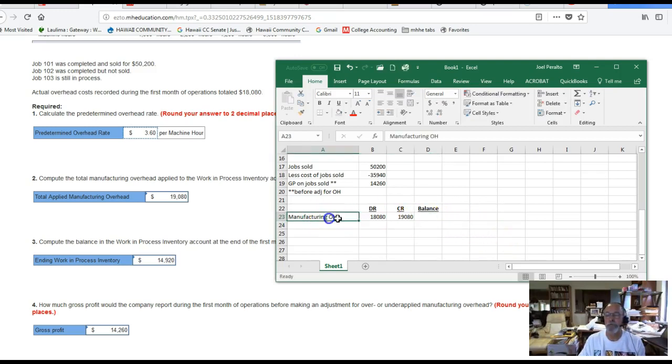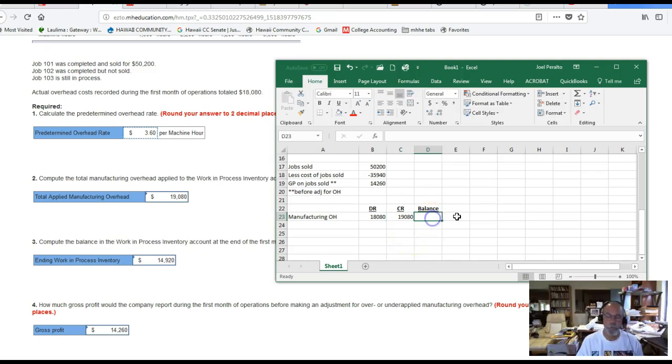And so manufacturing overhead is an income statement account. It is a cost account. Cost account means that its normal balance is a debit. And so we would take our debit amount and subtract the applied amount or the credit.